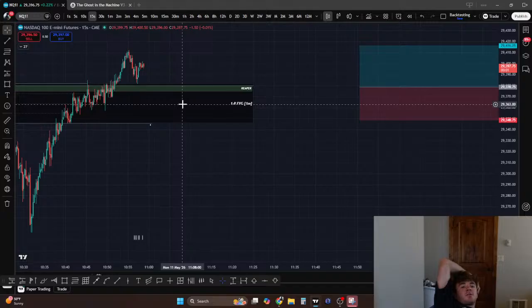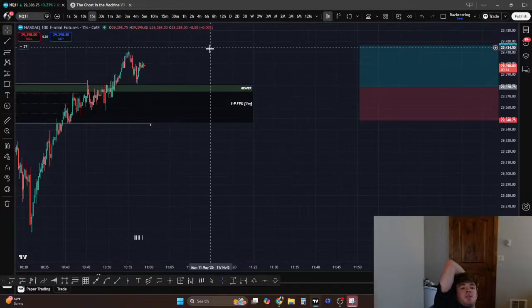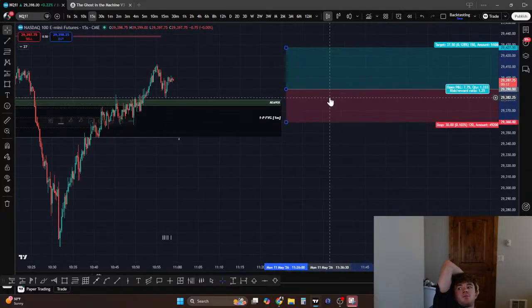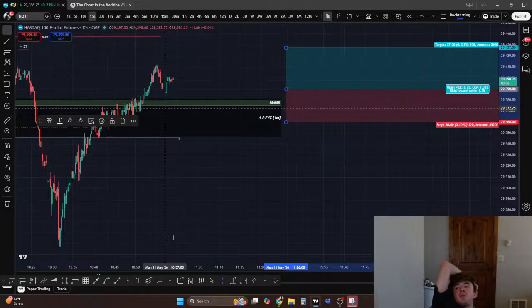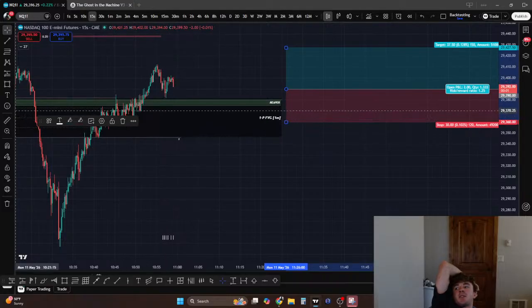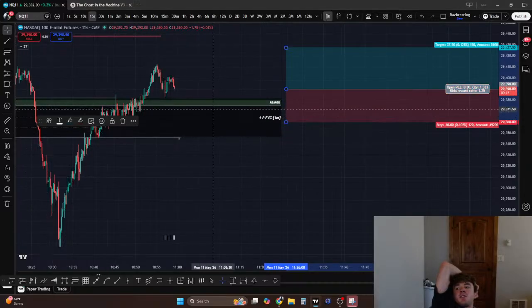Could be like internal sweep and then expansion. And then we have true session open, so it's 7:30 right there. So we might sweep 7:30.